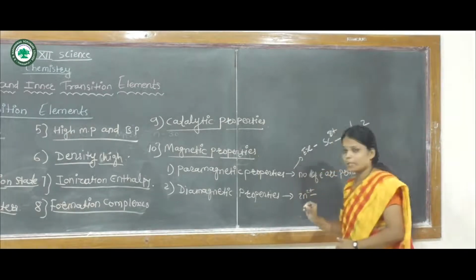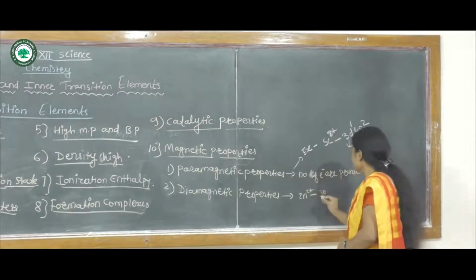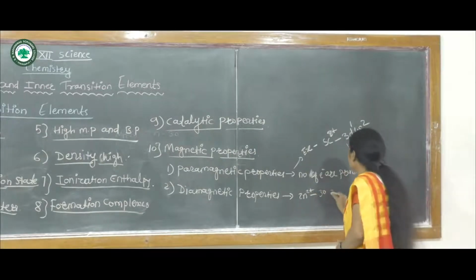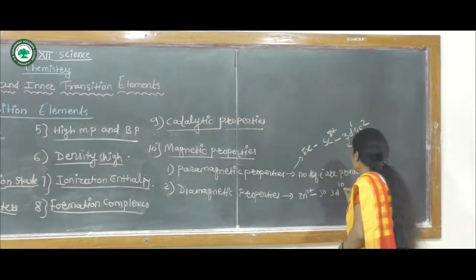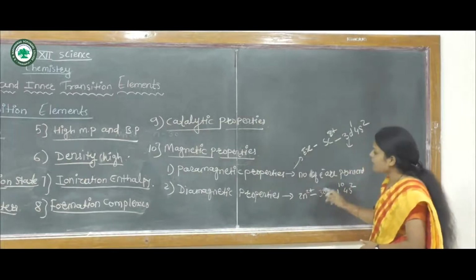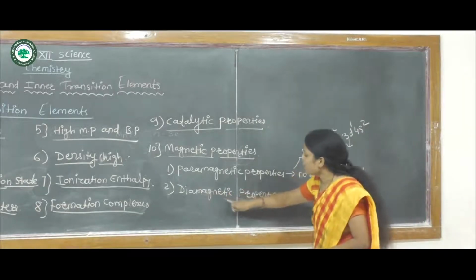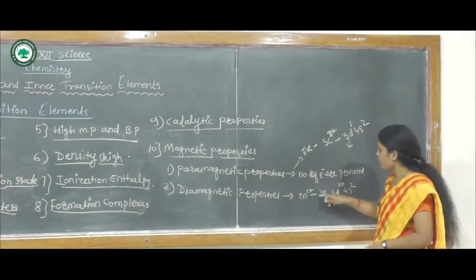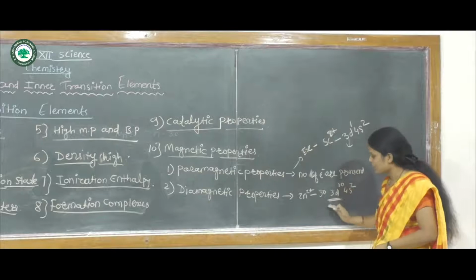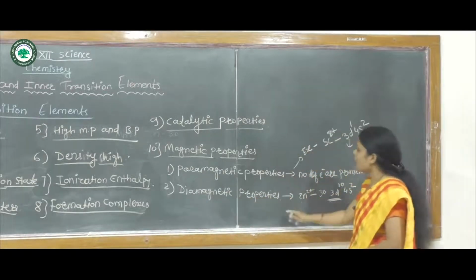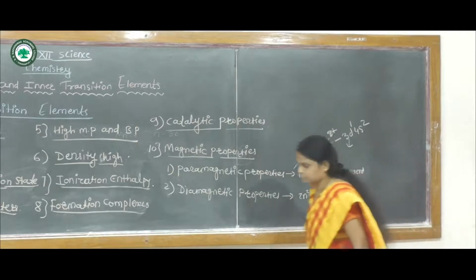The atomic number of zinc is 30, and here a completely filled configuration occurs, 3d10 and 4s2. The d orbital is completely filled, and that's why it shows diamagnetic properties. Paired electrons are present in the d orbital, and that's why it shows this magnetic behavior.